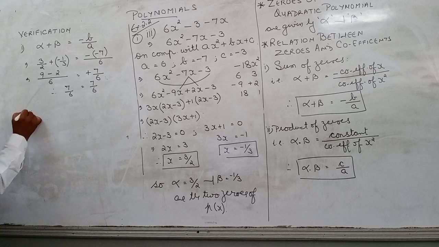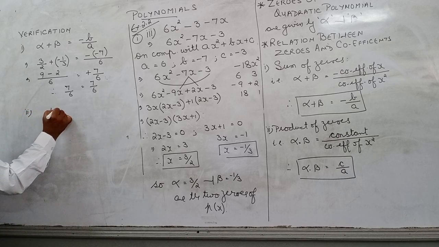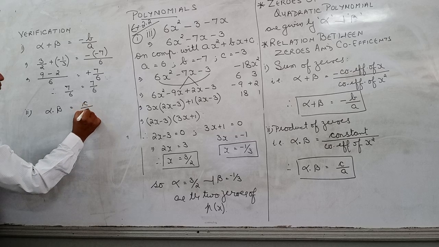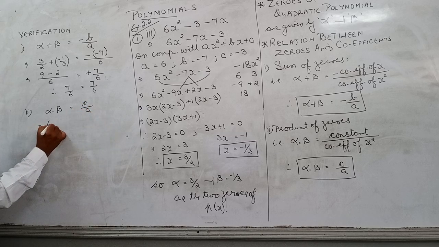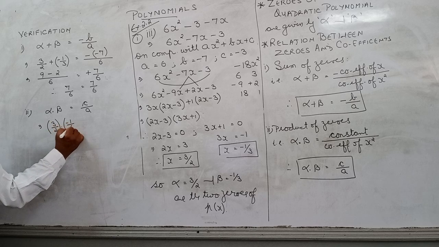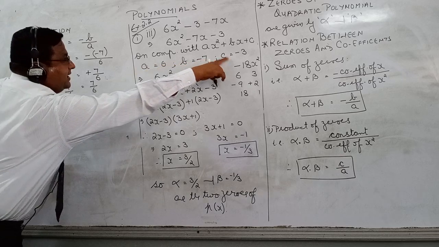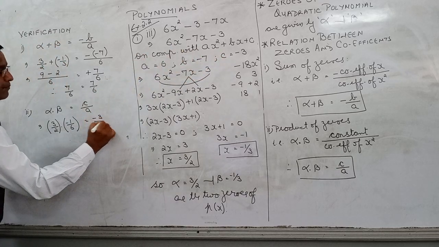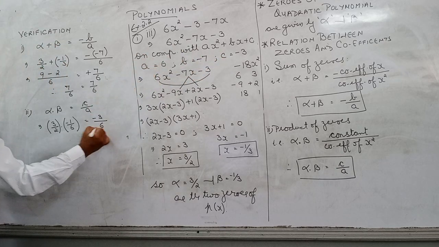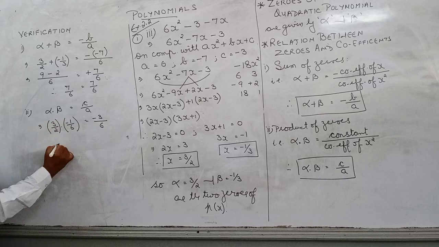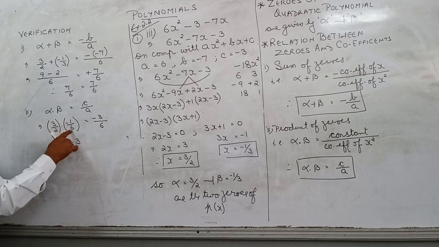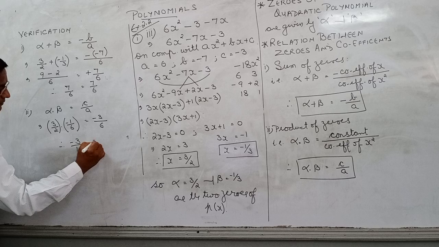Same way, second relation, alpha into beta is equal to c upon a. Alpha 3 by 2 into beta minus 1 by 3 is equal to c. How much is c? Minus 3 upon a, 6. 3 into minus 3, 2 6s are 12.